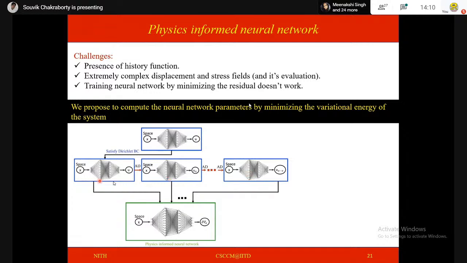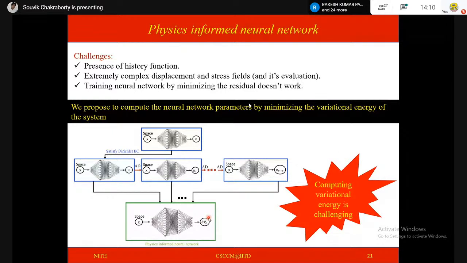Then we use automatic differentiation, that is what AD stands for, to compute ux, that is del u by del x, and also the higher order derivatives. And then we use these neural networks to formulate the physics informed neural network. The only change here is instead of residual on the right hand side, we have the variational energy of the system, or differential variational energy, which obviously you need to integrate over the whole domain.